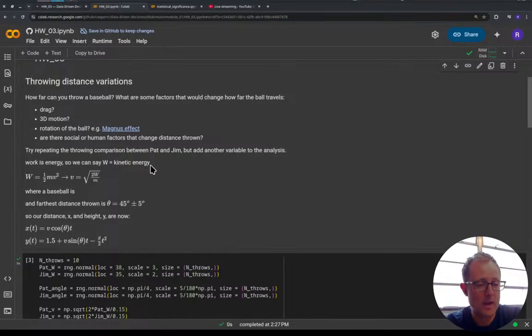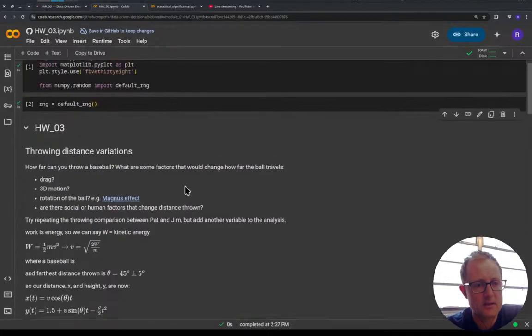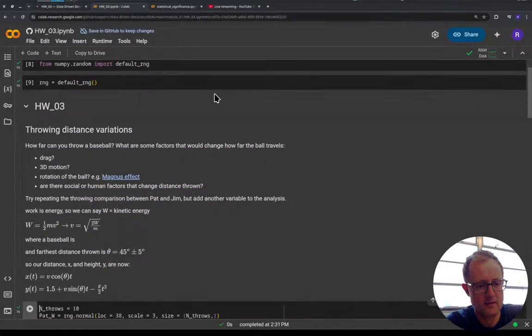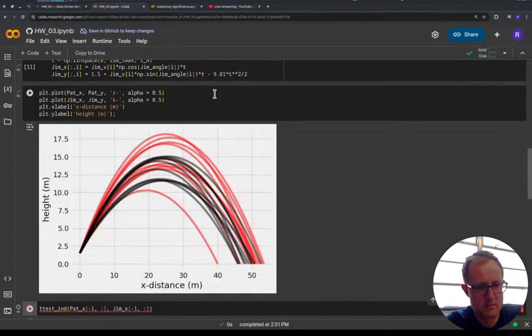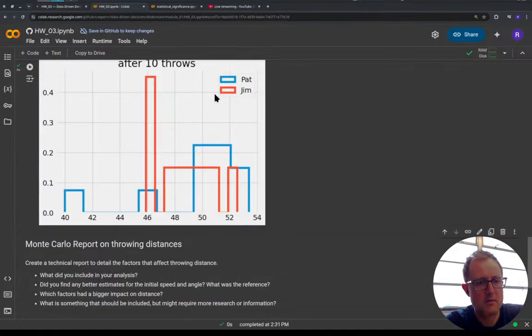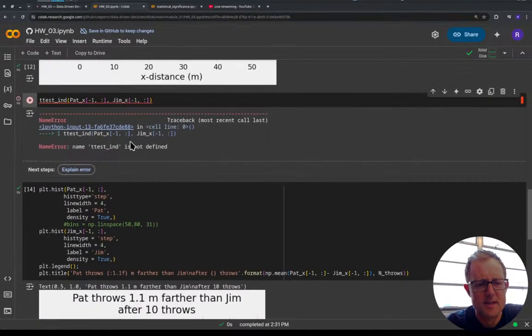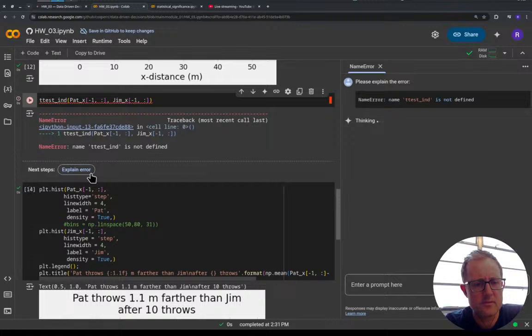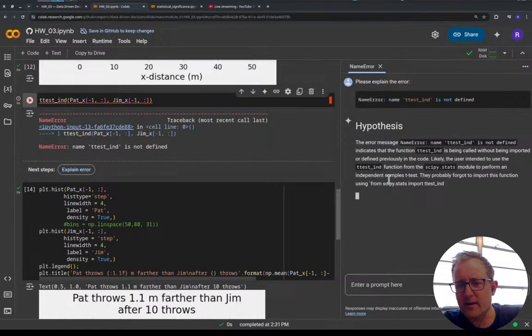And one way I could talk about that would be, all right, let's make sure we have everything running. And here, this t-test is telling me that it's not there. Continue. I kind of wanted to play around with this explain error too.